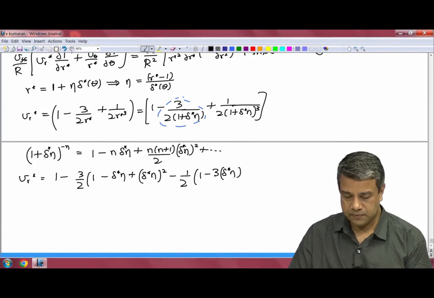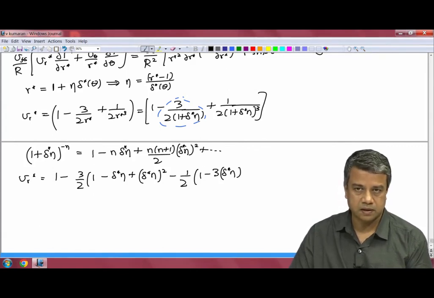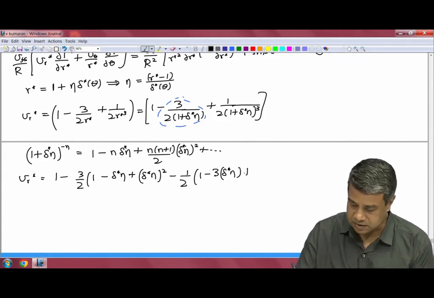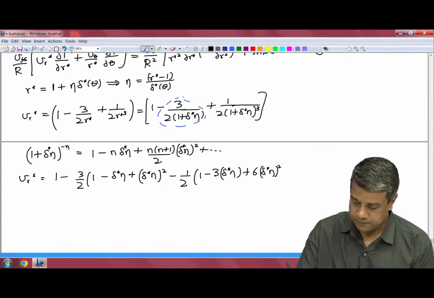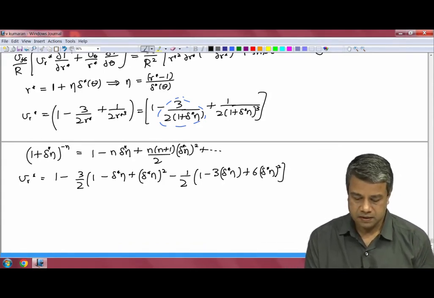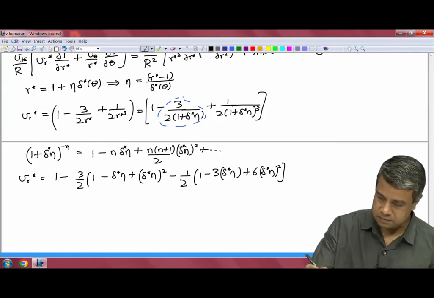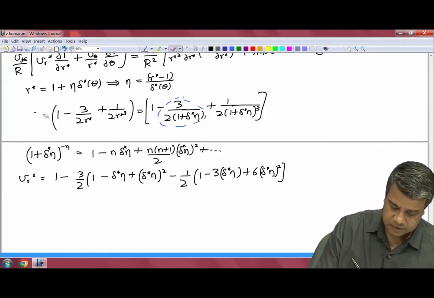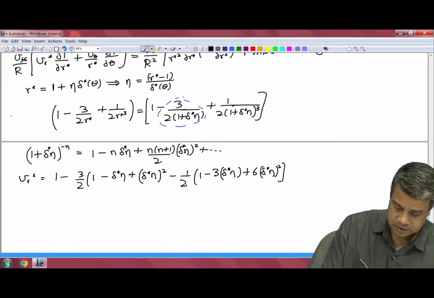So, I get 3 into 4 by 2, 3 4s are 12 by 2, that is 6 delta star eta the whole square. In this you can easily verify. I've left out a cos theta there, so I should put that.